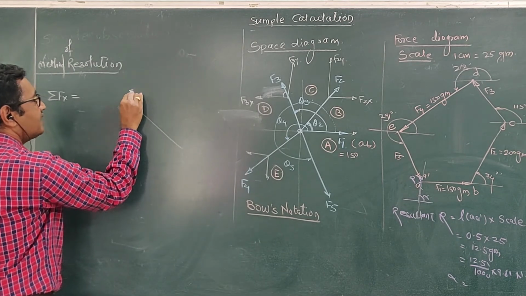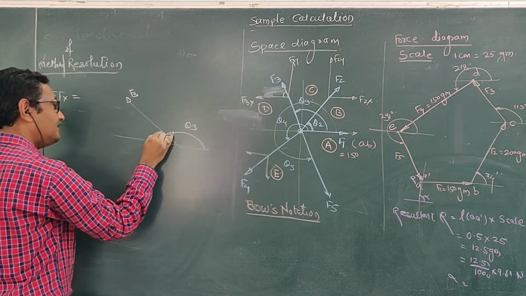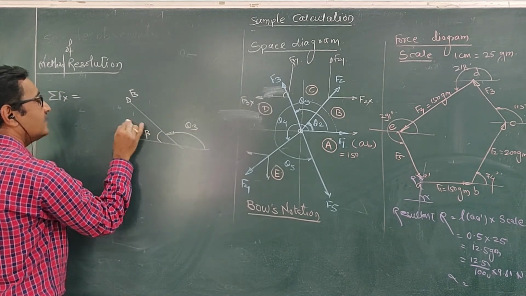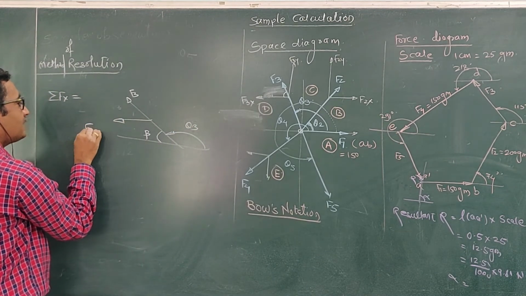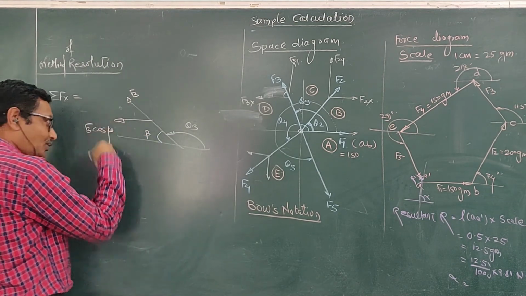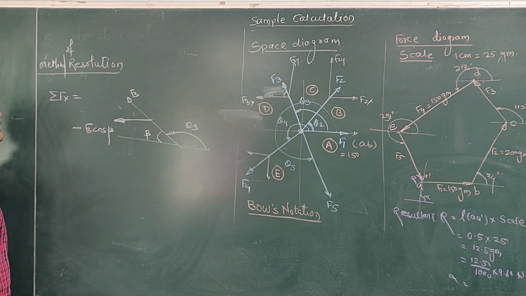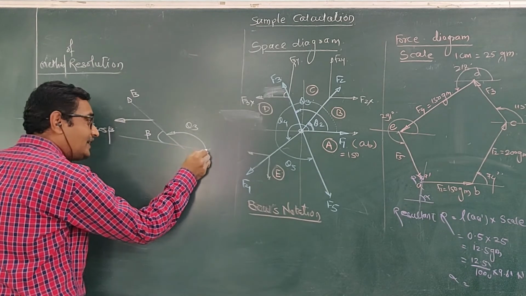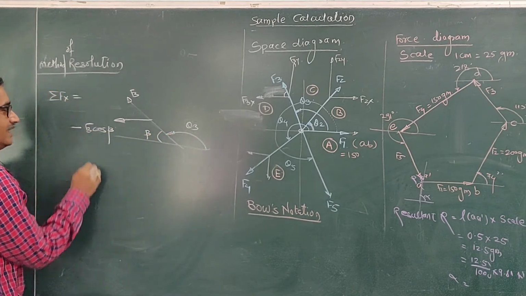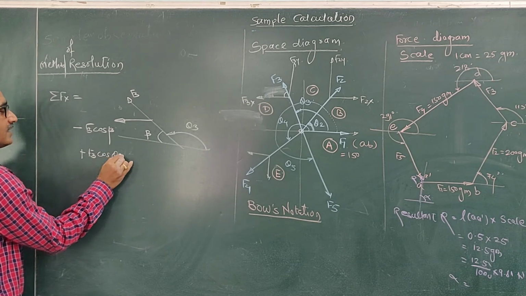Suppose this is F3, this angle is theta 3, and if this angle is beta, then this component will be F3 cos beta. Now if you want to write it down and it is acting towards left, it will be minus F3 cos beta. But if you want to write it in terms of theta 3, then you can directly write plus F3 cos theta 3.